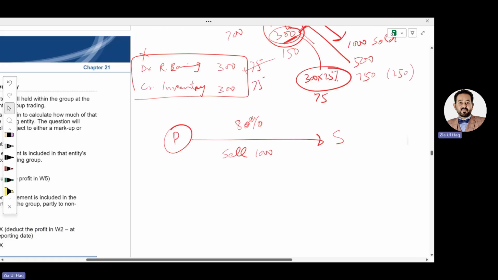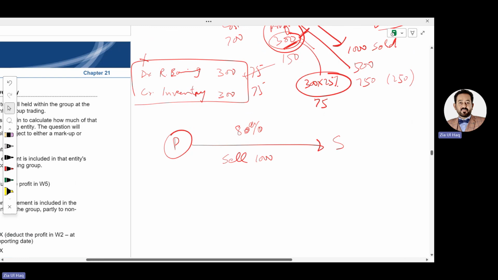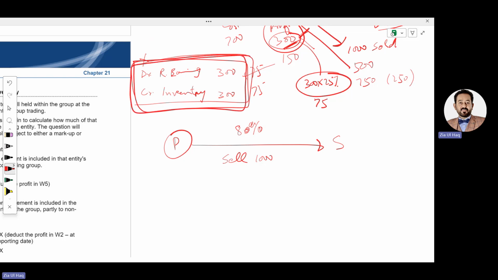We will see how much inventory is left at the year end. We will pass this transaction with the unsold inventory profit part. Whether the holding is 80% or whatever the holding is, it doesn't matter.